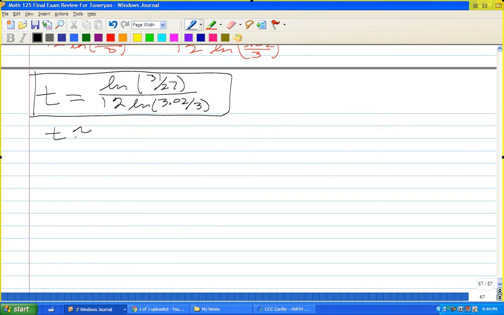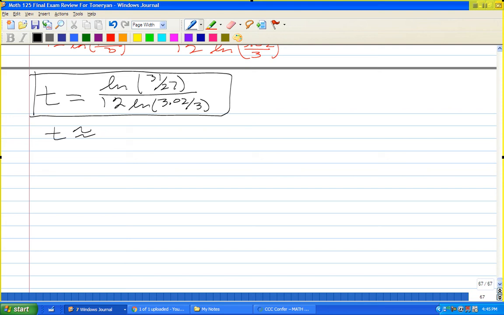So t is approximately ln 31 divided by 27 divided by 12 ln 3.02 over 3.